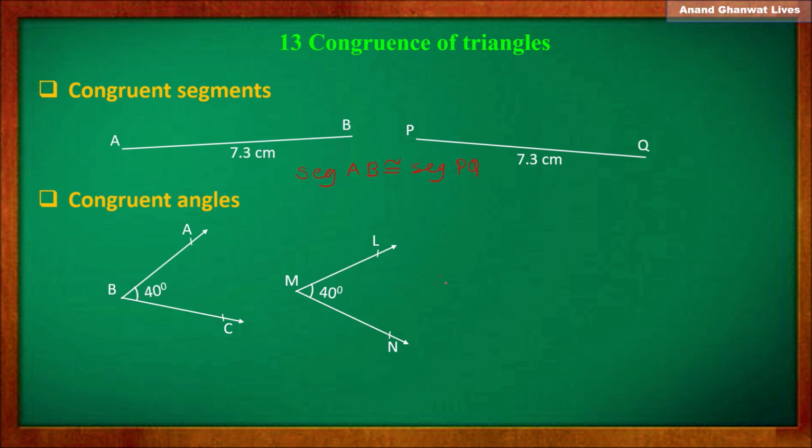Therefore we can say that angle ABC is congruent with angle LMN. So if two segments have the same length, then those segments are congruent. Two angles with the same angular measurement are also congruent. Next.